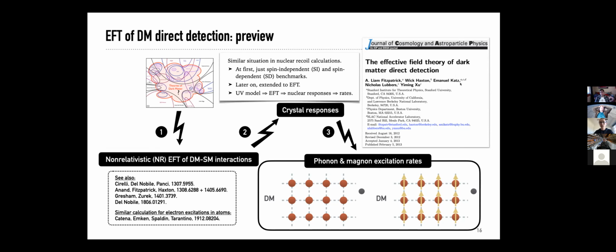Basically, starting from the full set of leading order non-relativistic operators, we can compute, in that case, nuclear responses, and then the rates. So here is a very similar story, except that we're computing crystal responses instead of nuclear responses. So as we move on, it's useful to keep this analogy in mind.